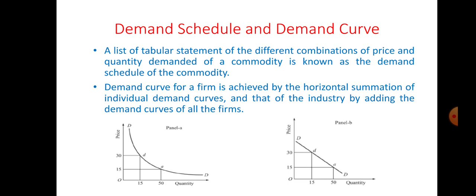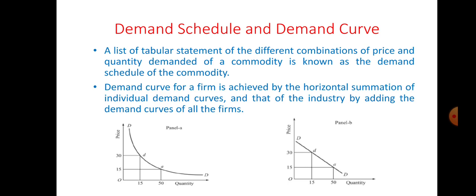A tabular statement of the different combinations of price and quantity demanded of a commodity is known as the demand schedule of the commodity. When we present this in tabular form, it is called the demand schedule, and when the same is represented in the form of a graph, it is called the demand curve.